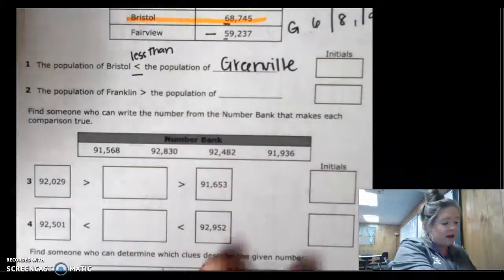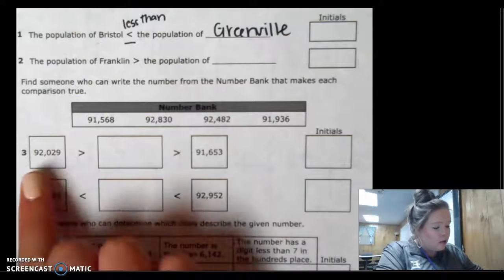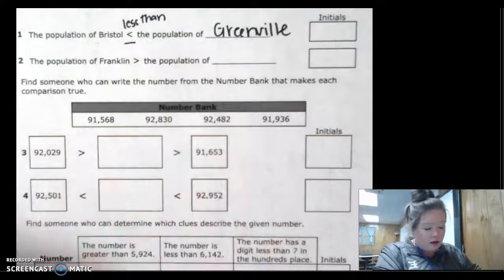Okay, we're going to move on and we're going to do this bottom part. In this bottom part, we are just going to be comparing these numbers to the numbers in the number bank, okay?